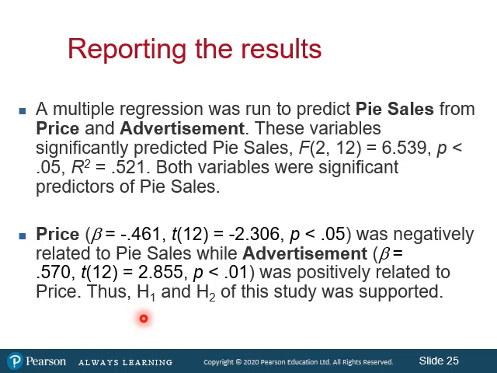Thus, H1 and H2 of this study were supported. We have only two independent variables. H1 is your price. H2 is your advertisement. So that's how you are expected to report the multiple regression results.